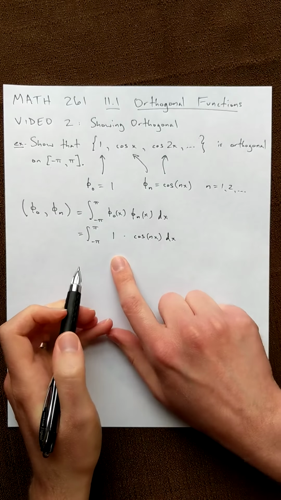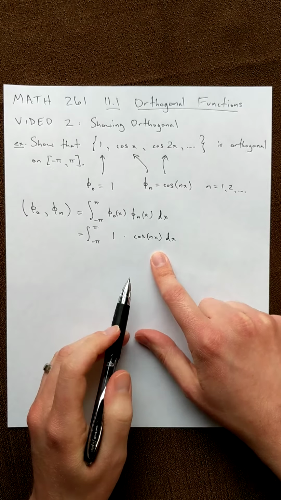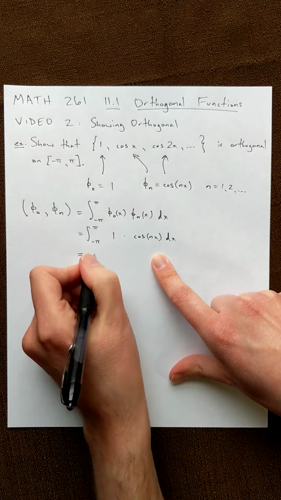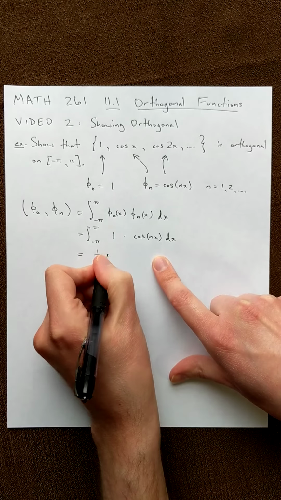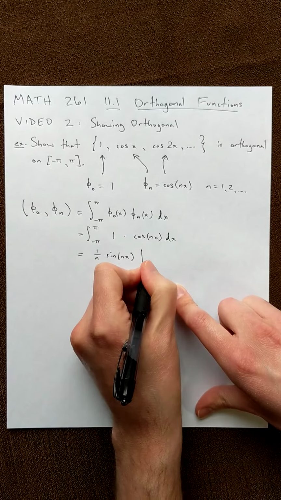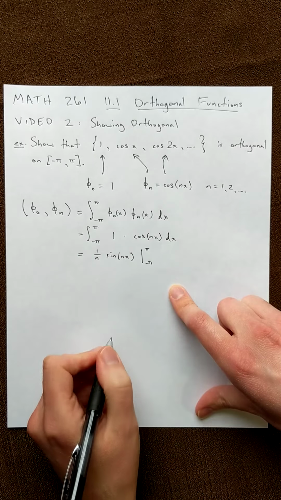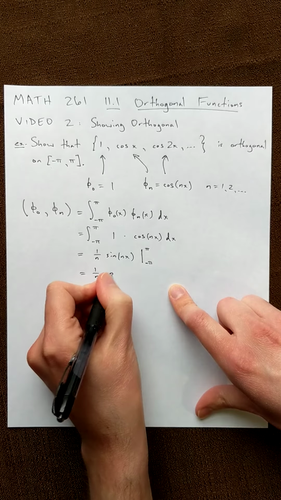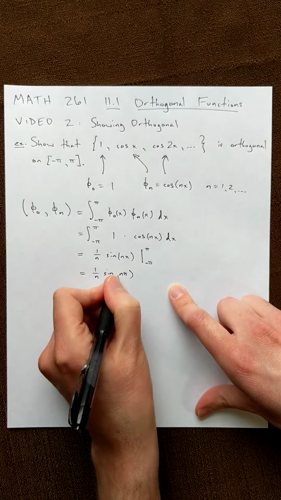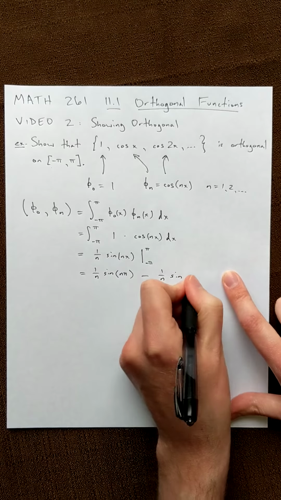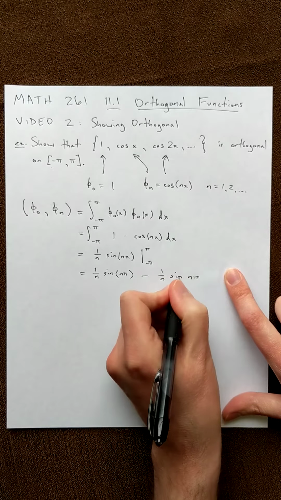And so really we're doing a definite integral of cosine nx, which we can do. That should be 1 over n sine nx, evaluated from negative pi to pi. When we plug in the limits, we have 1 over n sine n pi minus 1 over n sine n minus pi.